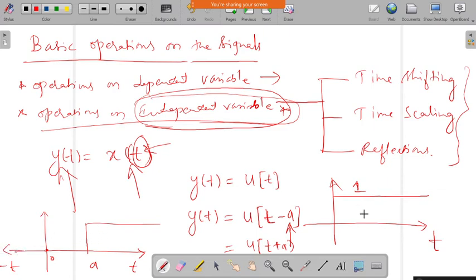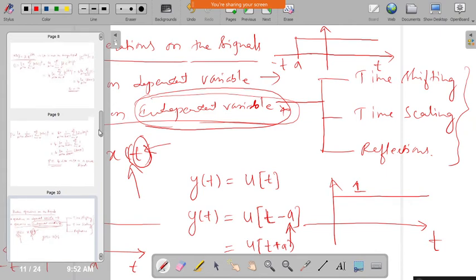So this is time shifting, either positive shift or negative shift, t minus a or t plus a. And you can take any type of signal and shift it.